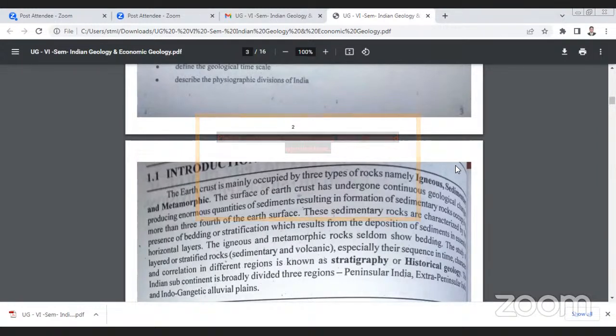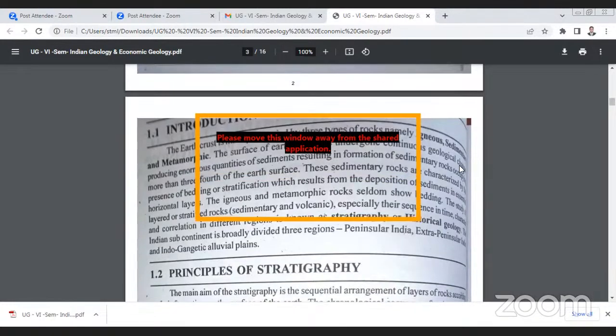The surface of the Earth has gone through different processes, and these processes are happening continuously, driven by geological changes. More than approximately three-fourths of the Earth's surface has different formations.